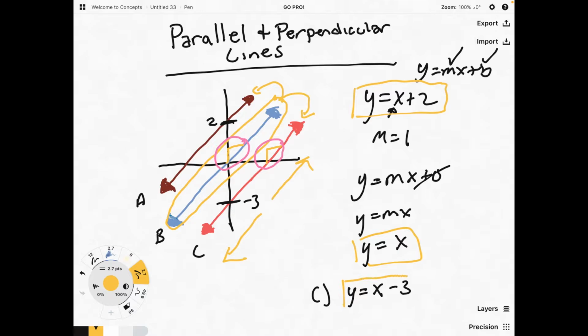So this is the equation for the line of C. This was the equation for the line of B, and this is the equation for the line of A. Because the slope is the same on all three lines, we can say that all three lines are parallel to each other. Okay, let's look at another example.